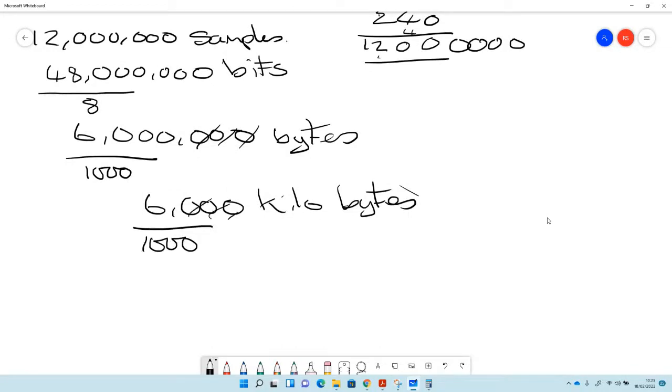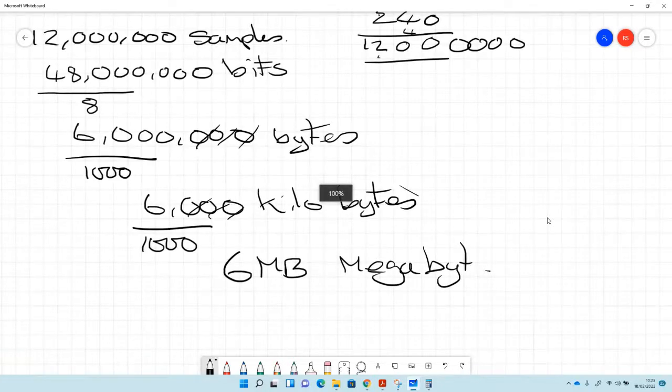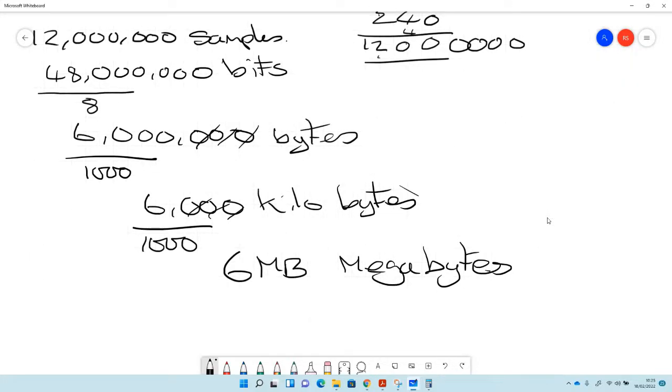So we're going to knock off those 3, and we end up with 6 megabytes. So I'm just writing those down to make sure that the examiner knows exactly what I'm doing. 6 megabytes, and the answer is 6 megabytes, and you get 4 marks for that.